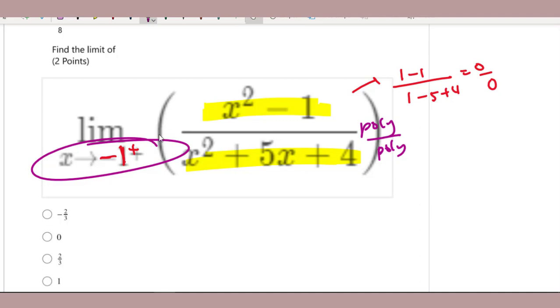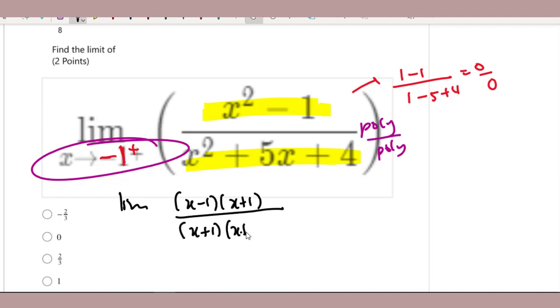So we need to factorize the numerator and denominator. Let's do this: limit of (x minus 1)(x plus 1) over (x plus 1)(x plus 4) as x approaches negative 1 from the right.